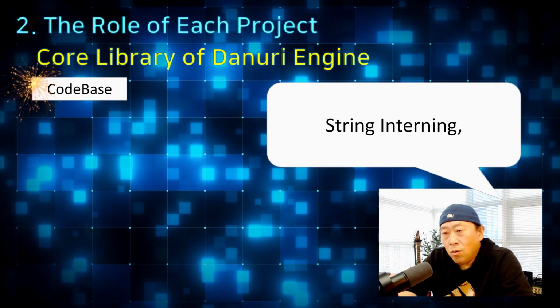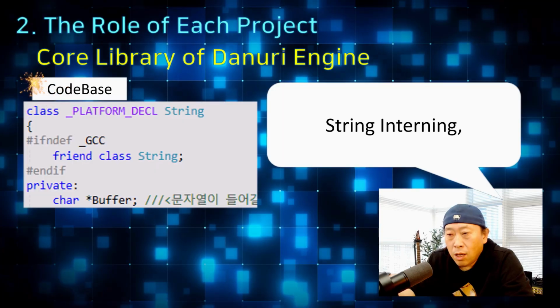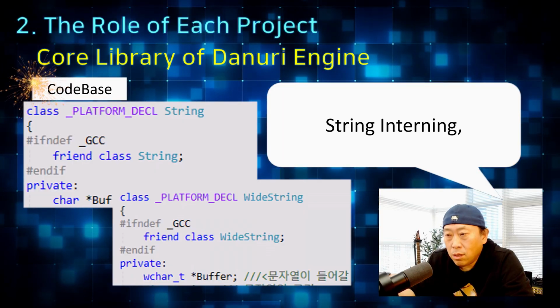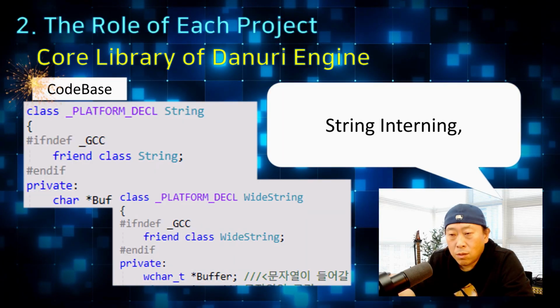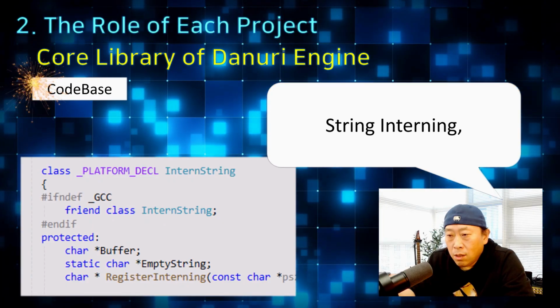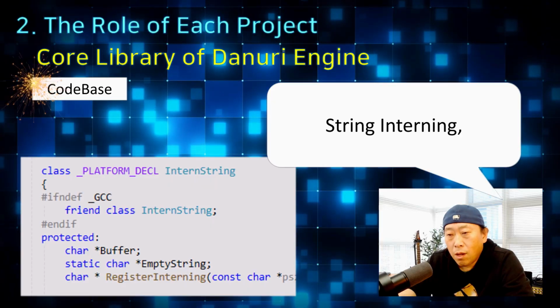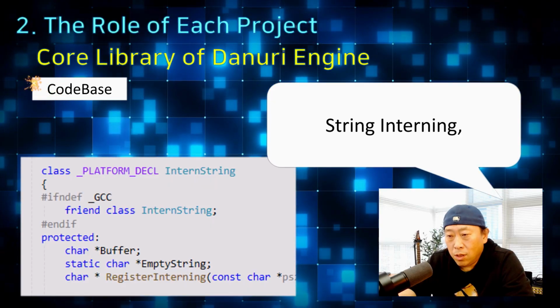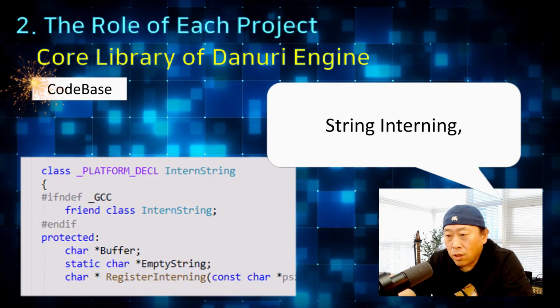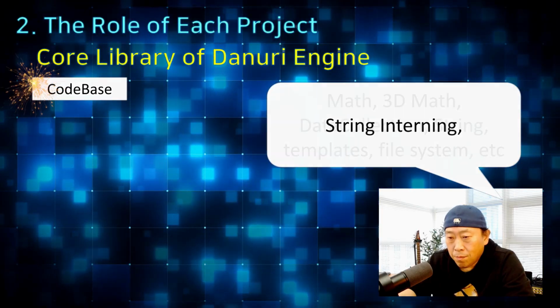And our own string class library is provided. We can manage 8-bit character strings and 16-bit character strings explicitly. And also we provide intern string, which features string interning. I will explain deeply about what string interning is later and why it is needed.